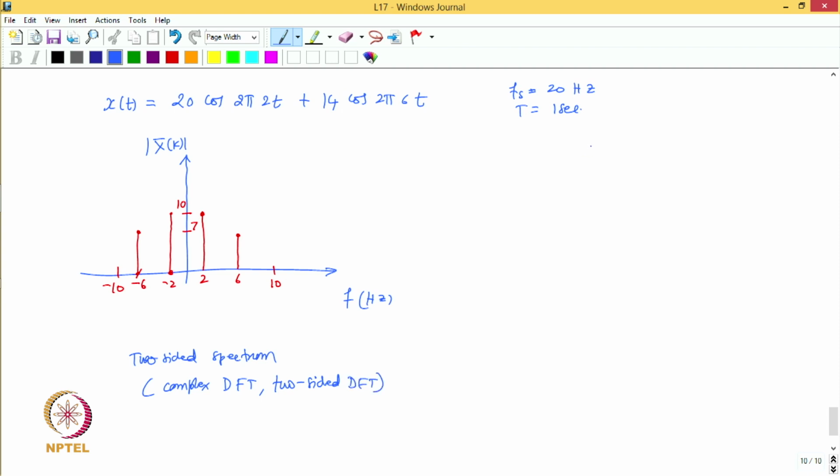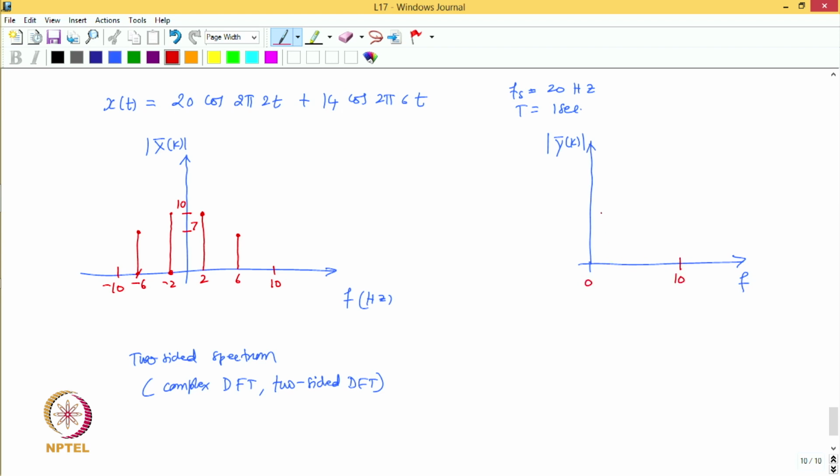Now, if we determine the single sided spectrum, it can be plotted in this manner. Here we are showing the magnitude of the single sided spectrum as a function of frequency, from 0 to 10 hertz.